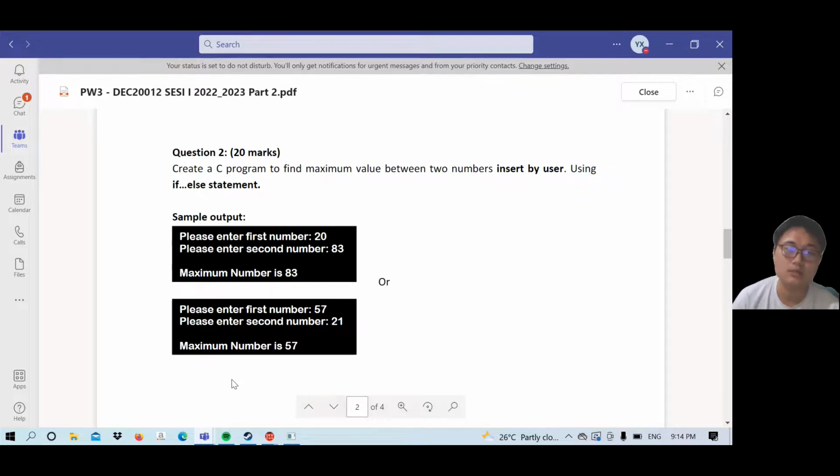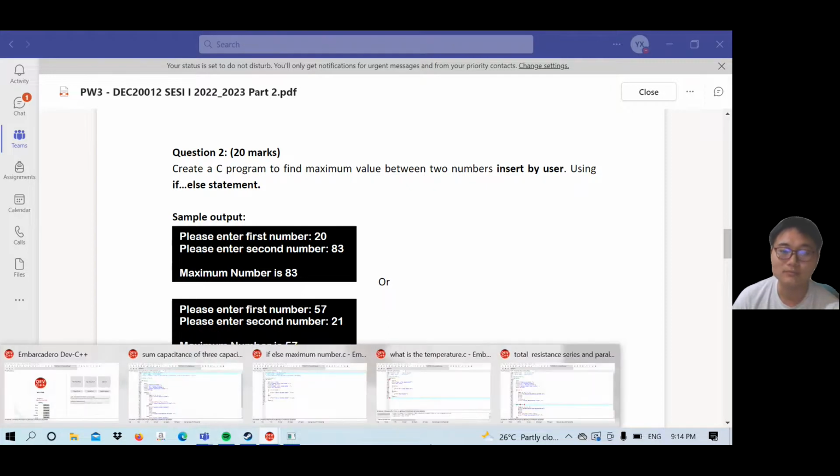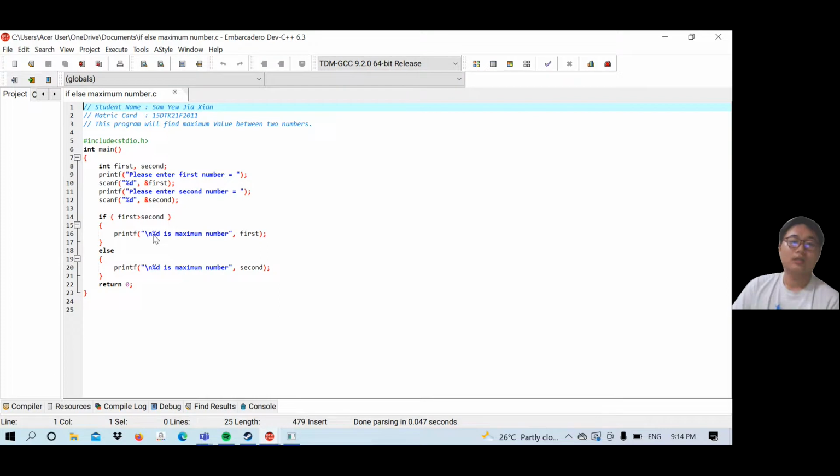How to do this? So here's the C program. Here it is, the student name, this program finds the maximum number between two numbers, include stdio.h. For int first, second, there's printf, please enter first number and second number.